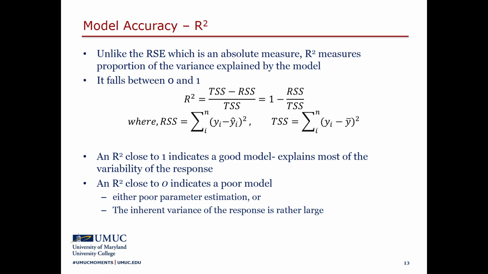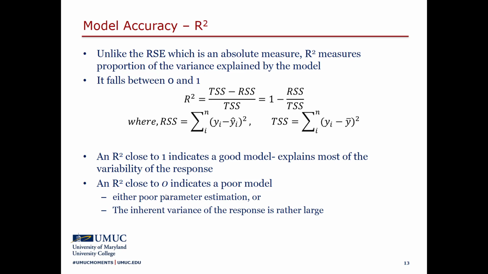The higher the number, the closer R squared is to 1, an indication that the model is a good model. It was able to explain most of the variability in the response. Now, if it is close to 0, potentially two things. One is the actual fit is not a good fit.